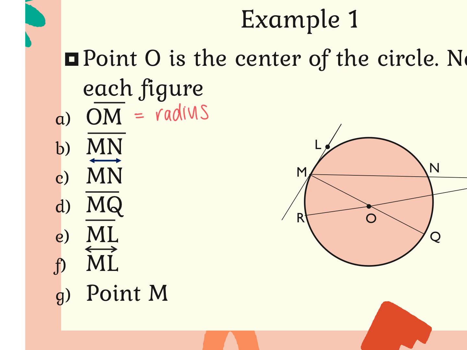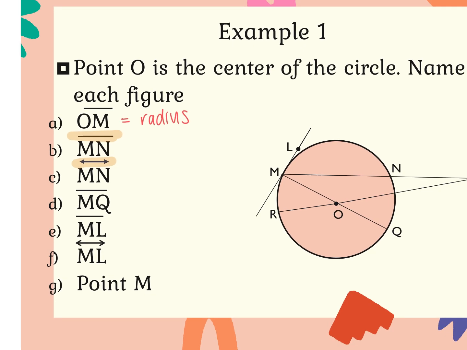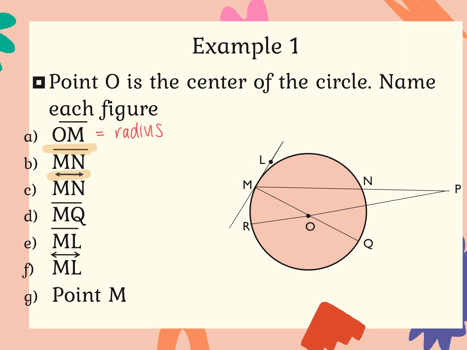All right, looking at the next one, they're both MN, but look at what's on top. What does the one that's a line mean? If it's just a line with no arrows, what is that? Good, that's a segment, and the one with the arrows is a line. Good, so it's continuing. So looking at my circle, segment MN is considered what? Good, that's a chord.